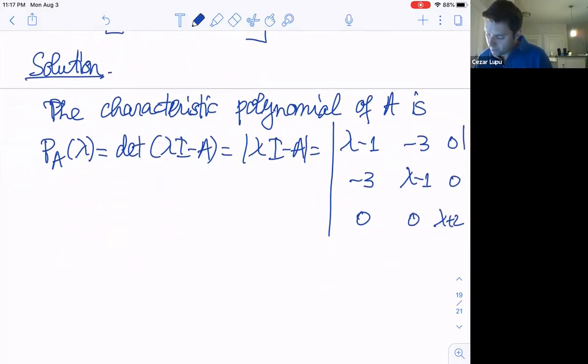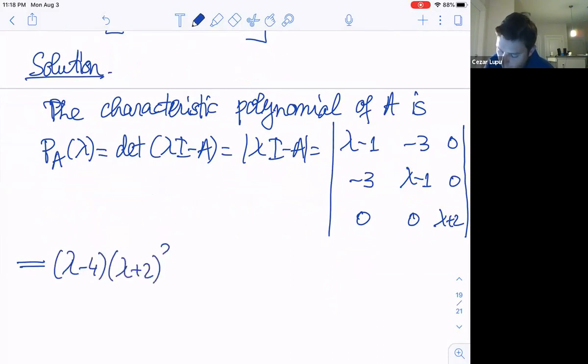We need to find the determinant of this, and it will be, okay, lambda minus 4 times lambda plus 2 squared.